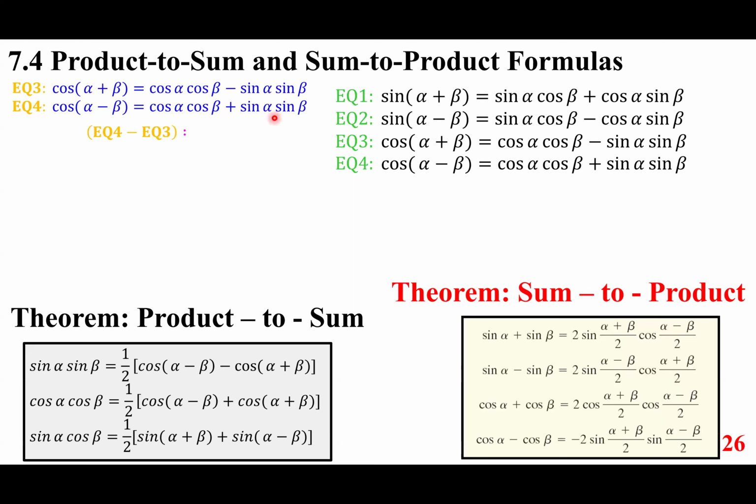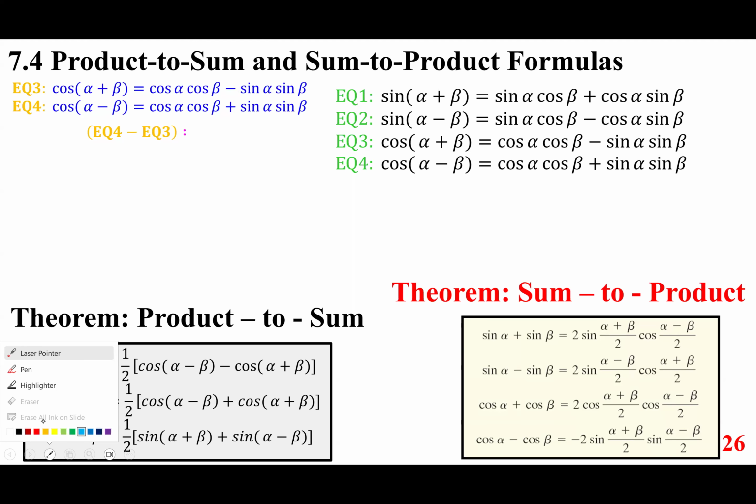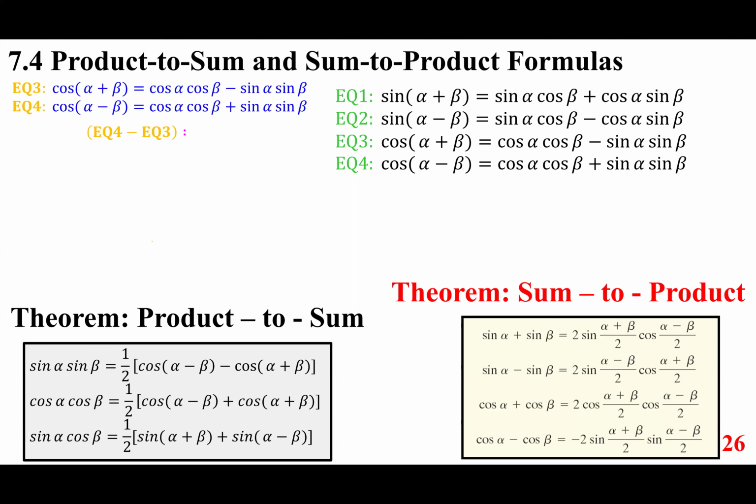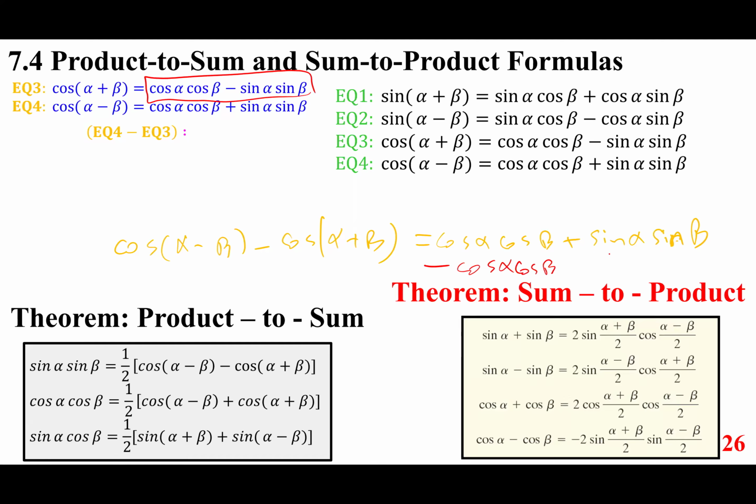So what this means is cosine of alpha minus beta minus cosine of alpha plus beta equals cosine alpha cosine beta plus sine alpha sine beta, minus, now we're going to subtract this, minus cosine alpha cosine beta, minus minus becomes plus sine alpha sine beta. And I hope you see that these two cancel each other. We get 2 of this.